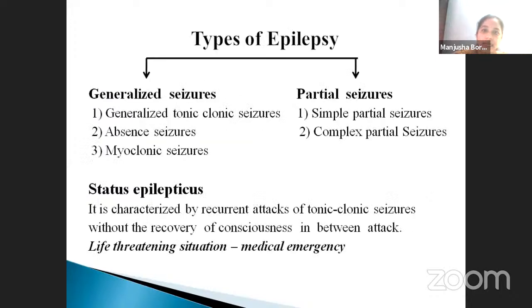Broadly, epilepsy is categorized into two groups, generalized seizure and partial seizure. Generalized seizures are again categorized into generalized tonic-clonic seizure, meaning grand mal epilepsy, absence seizure, and myoclonic seizure. Simple partial seizure and complex partial seizure are classified as partial seizures.